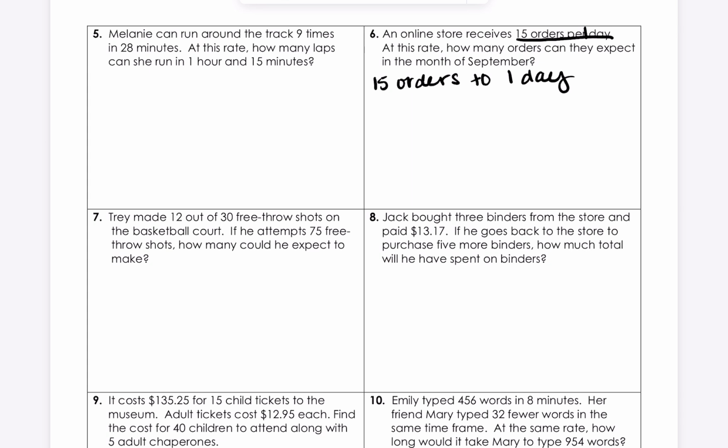There are 30 days in September, and you can look at a calendar. The reason that we have to switch it to days is because our starting ratio was days. So I want to make sure that I switch that month, just the one month, to days. Depending on whatever month they give you, you have to figure out how many days there are in that month. So September does have 30 days.